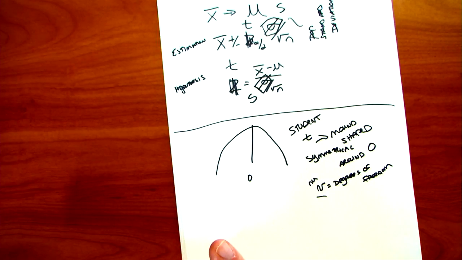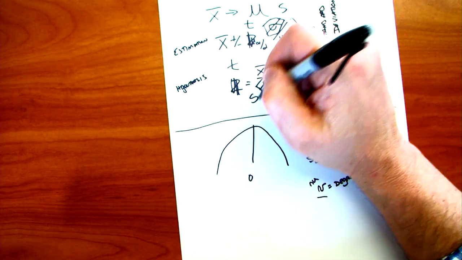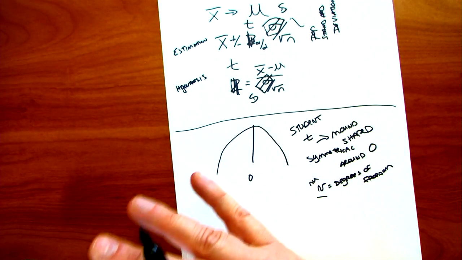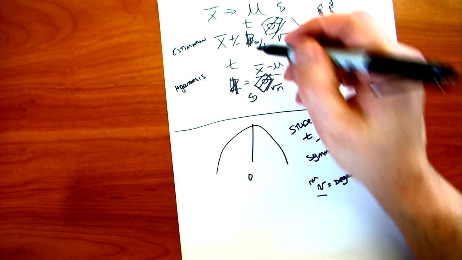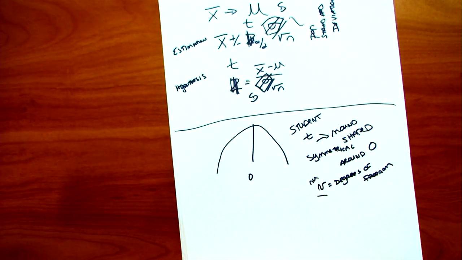So how we can correct that is instead of using the population standard deviation, we're going to use the sample standard deviation. However, when we do that, it changes the distribution that we use. Instead of using the z distribution, I need to use the student t.